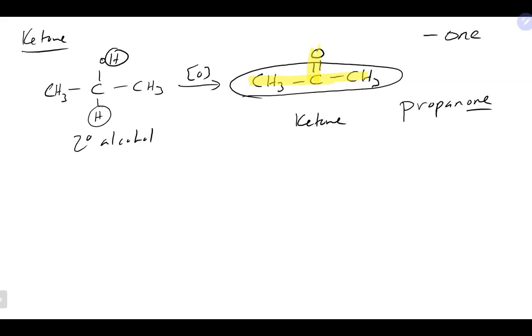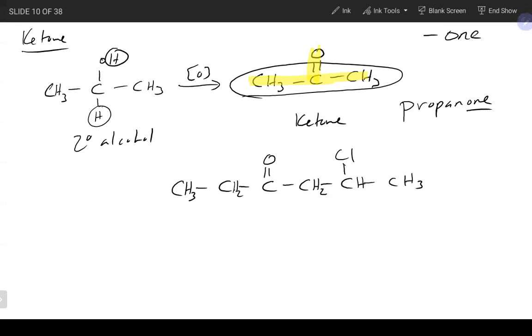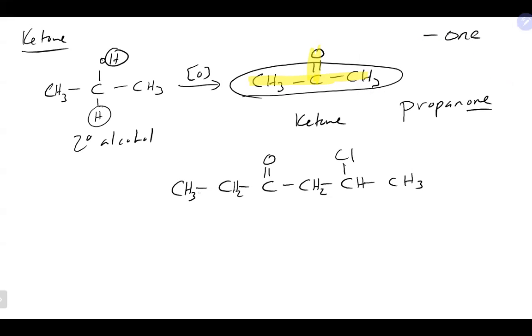Unlike the aldehyde, which is always at the end, this guy will never be at the end, the carbon-oxygen double bond, because it needs those 3 carbons in a row, so it'll never find the carbon-oxygen double bond at the end. So if we had something like this, and we wanted to name it, we would again find the longest continuous carbon chain that has the OH in it.